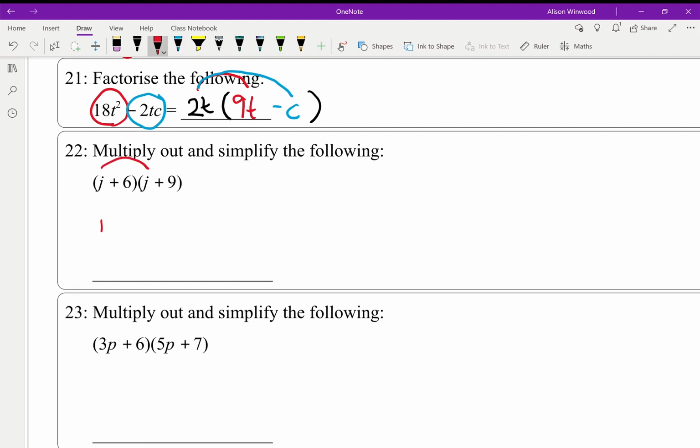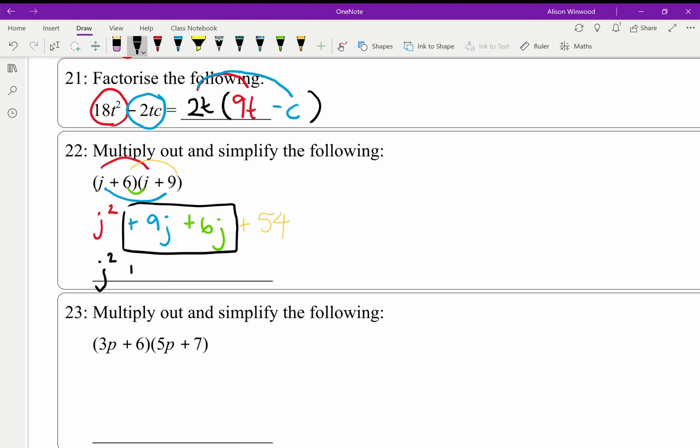FOIL, so firsts, outers, inners, lasts, and then simplify by putting the middle two terms together.